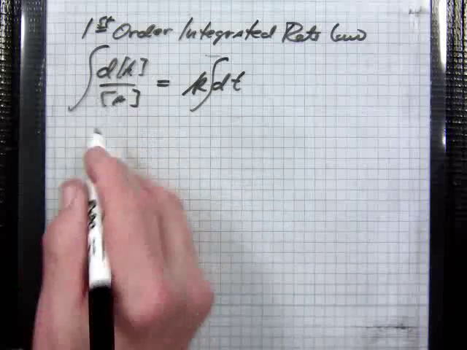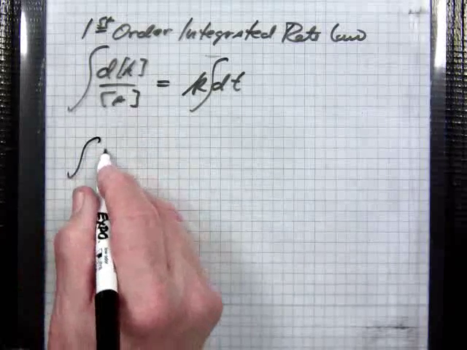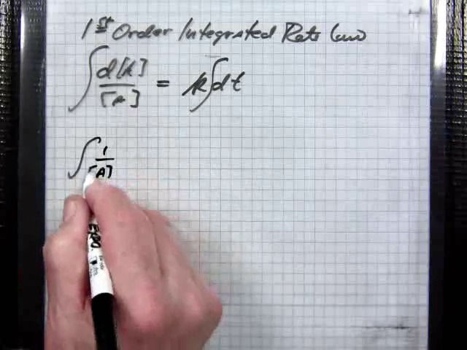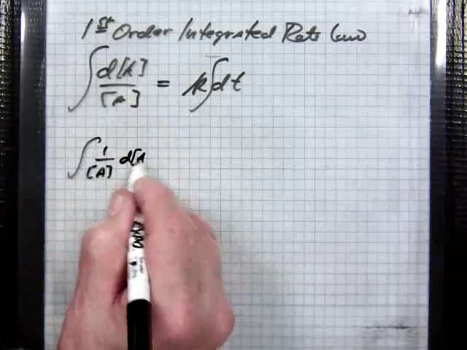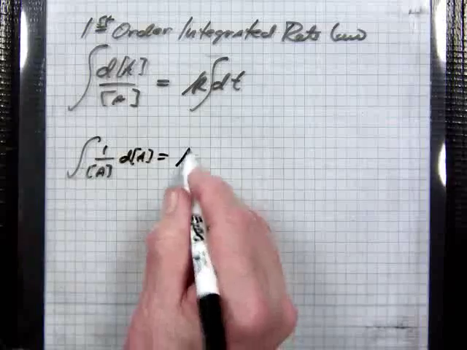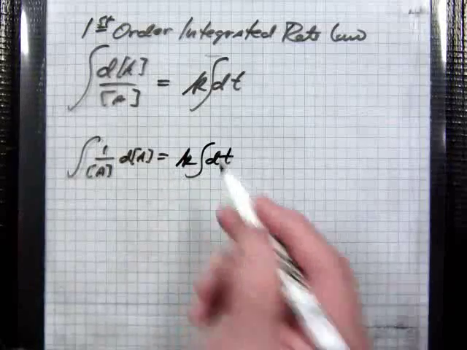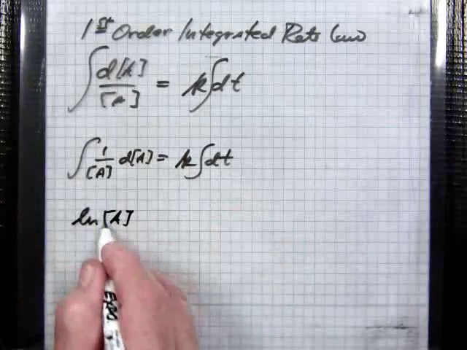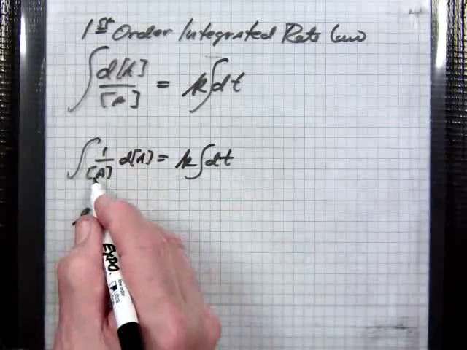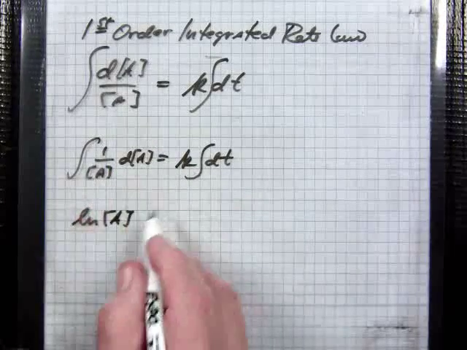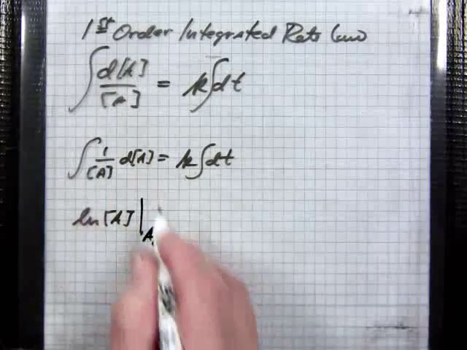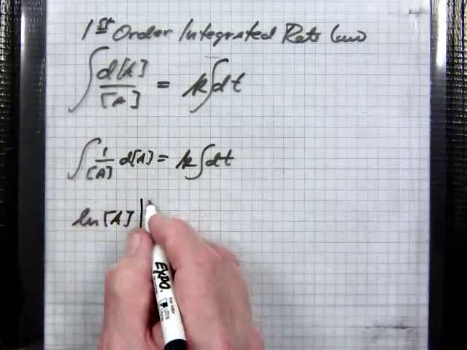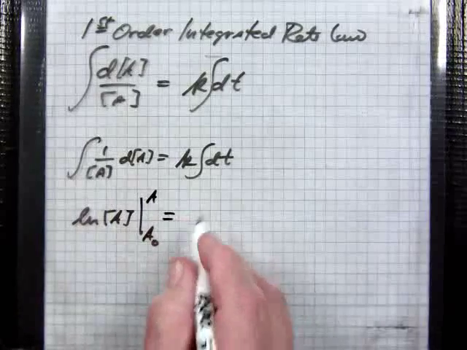This is simply the integral of 1 over A, d concentration of A, to equal k times the integral of dt, which gives us ln of concentration of A. That is the integral of 1 over x, going from A naught to A final.